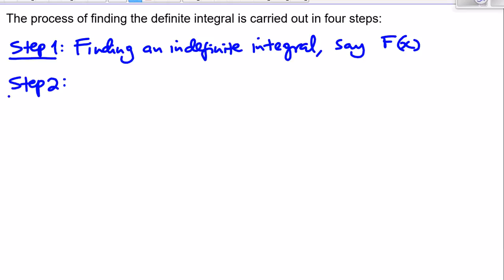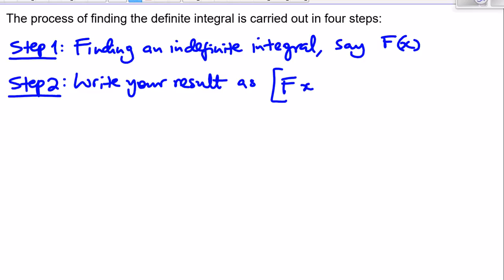Step 2 will be you write your result in this form. So you write your result using limits. We'll use this kind of brackets, F of x, and say the limits are from a to b.